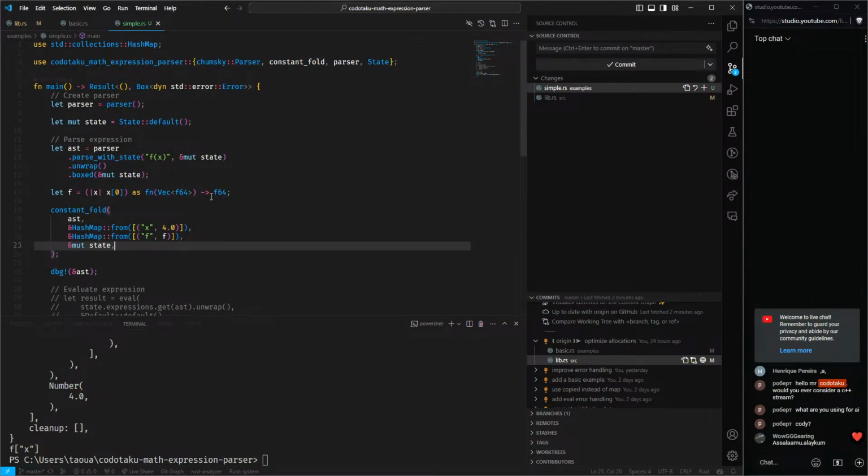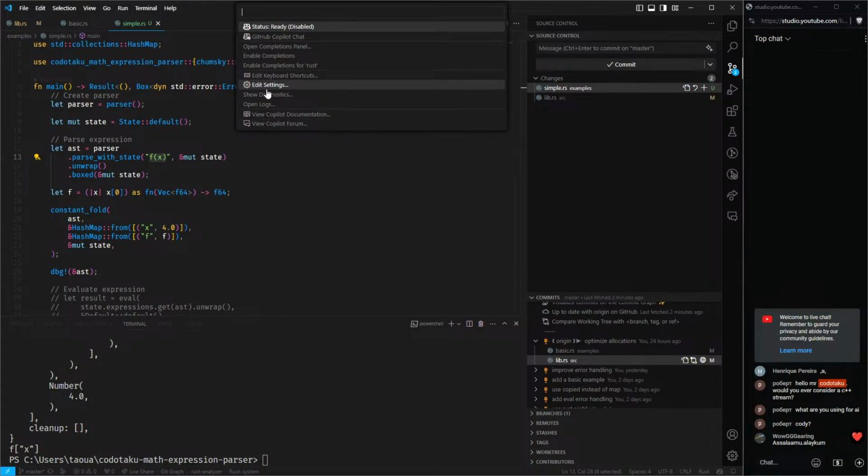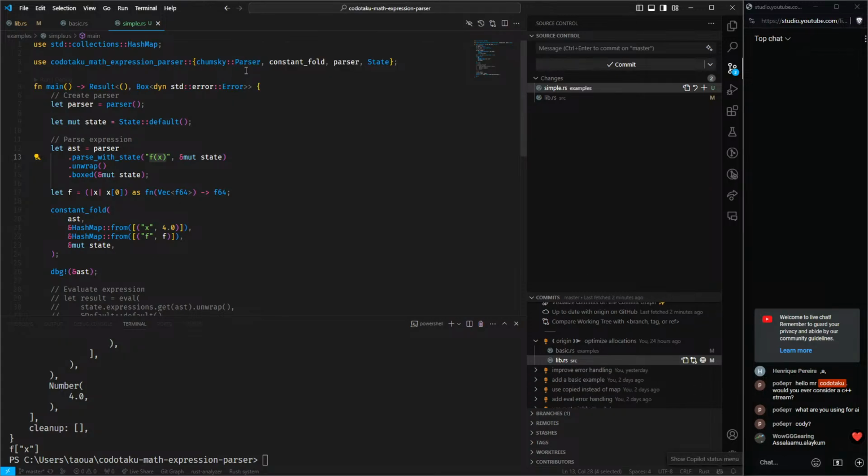And actually, let's do some meaningful example here. I don't know. Let's let the AI maybe generate some expression. And we don't want any. Or we could leave one.